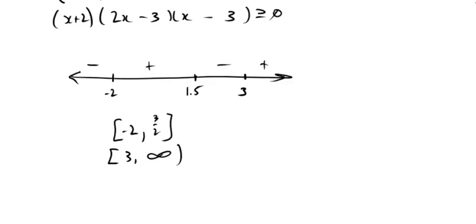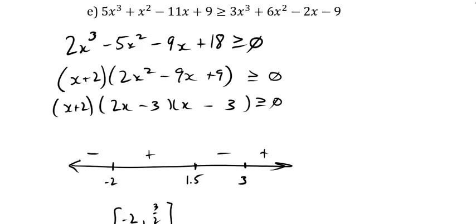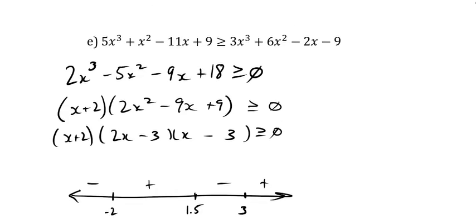Okay, so that's the solution I got. Again, we talked about this a little bit previously, but you could also think about those as two separate cubic functions. You could graph it with graphing technology and think about where the one on the left is greater than or equal to the one on the right. Doesn't that make sense?